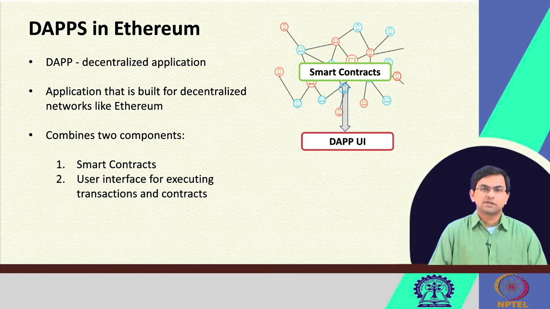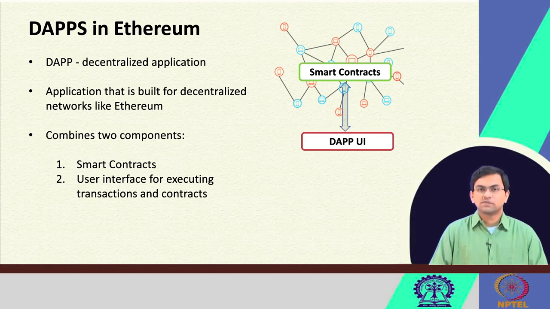These applications are composed of two main components. One is the smart contract and the second one is the user interface for executing transactions via those smart contracts. If you notice this diagram, in the Ethereum network, on the participants which are called nodes, the smart contracts are deployed.